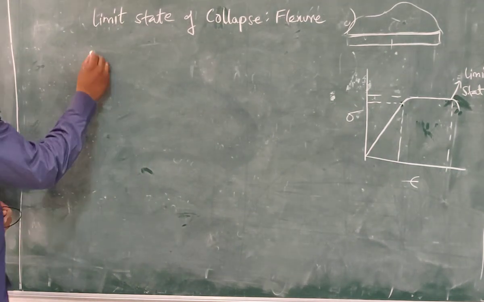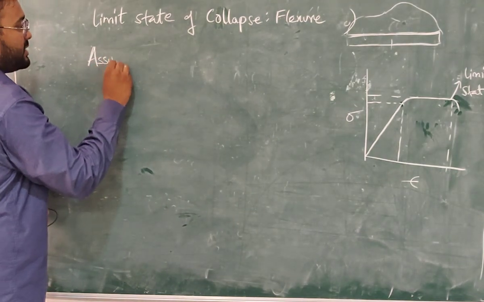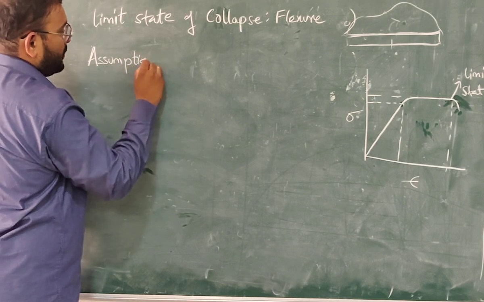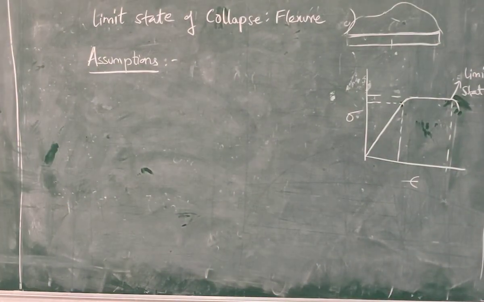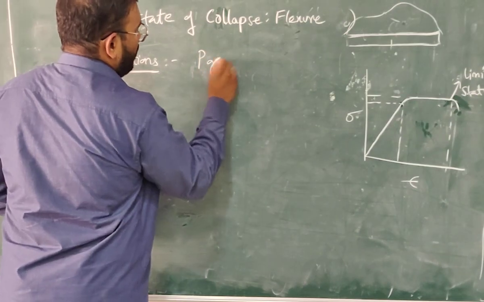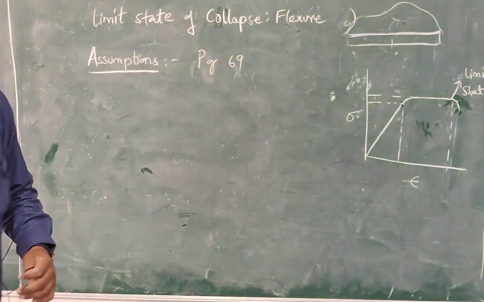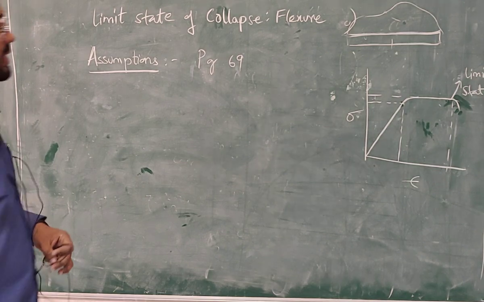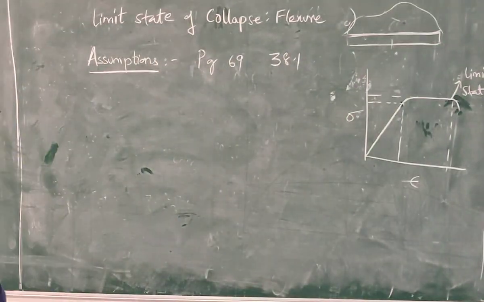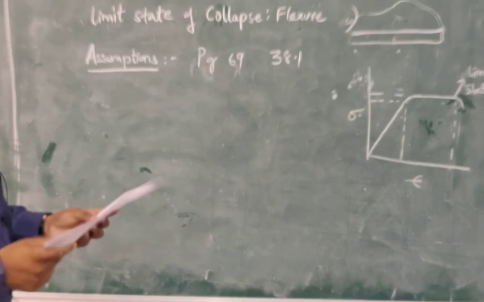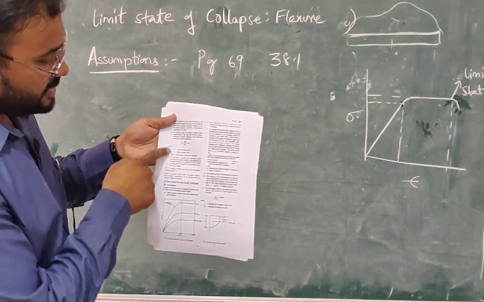Now, start with the assumptions given. These are given on page number 69. The clause number is 38.1. If you see your code book, you will have some numbers given here.